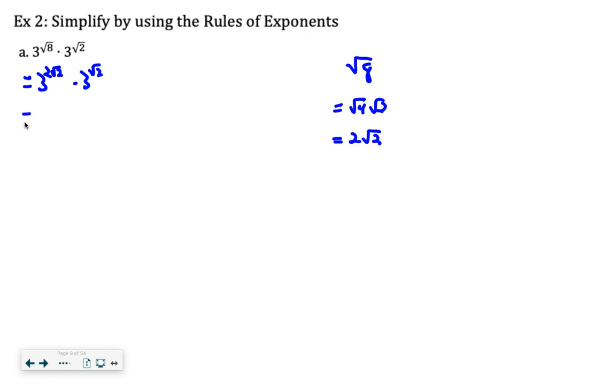Now, if I add the exponents, I'll have 3 to the 2 square root of 2 plus 1 square root of 2. And these then I can treat like terms. 2 square root of 2 plus 1 square root of 2 would be 3 square root of 2. Okay? Let's try another one.